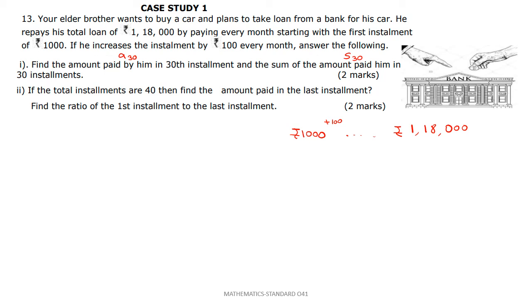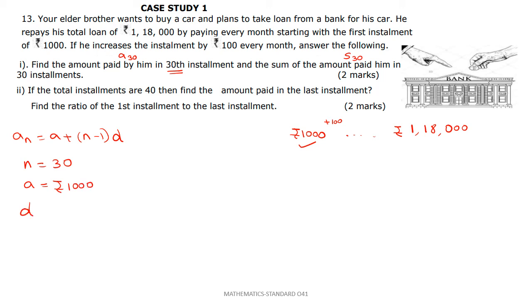So first let's write the formula which we need, children. So An equals a plus n minus 1 times d is the formula. Here, find the amount paid by him in the 30th installment. So n is 30. And what is a? a is the first installment, which is 1,000 rupees. So a is 1,000.